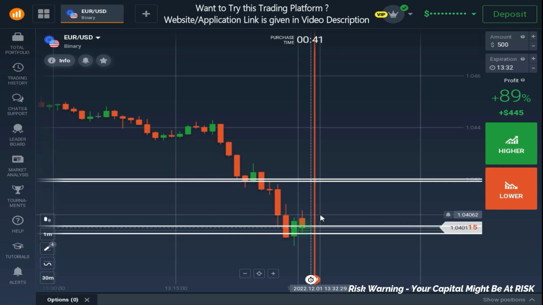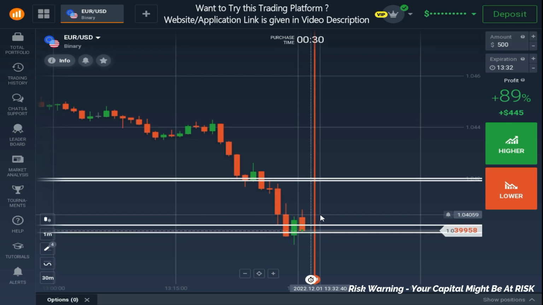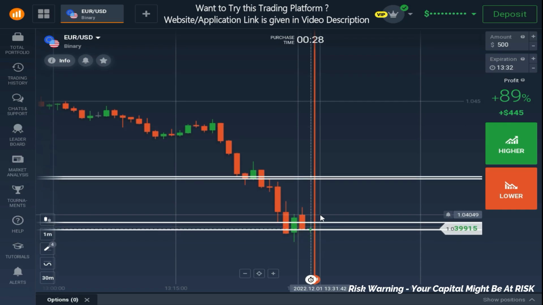Now those who are beginners are going to increase the amount to take one more trade, because the setup is still the same and they want to recover the money that they have lost. But I will not do that, because I know that tomorrow I have to trade again, and for that I need money in my account, and that's why I will not revenge trade here.